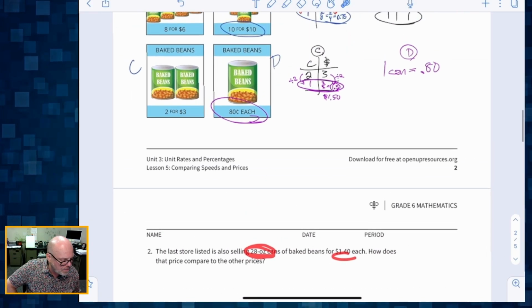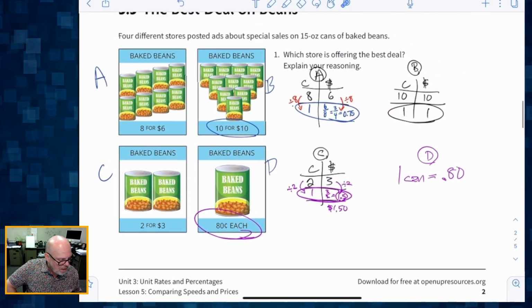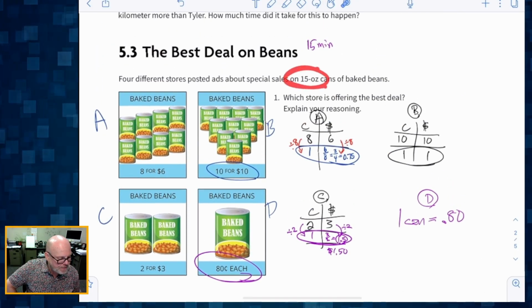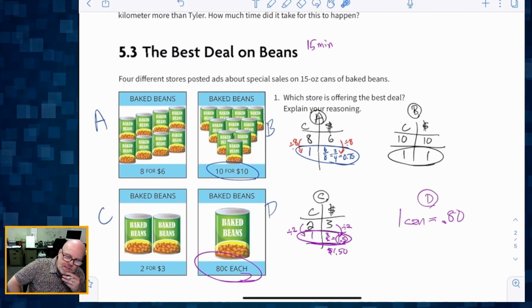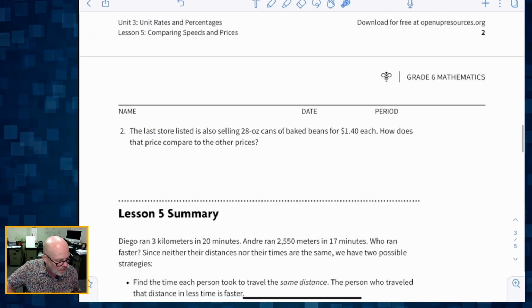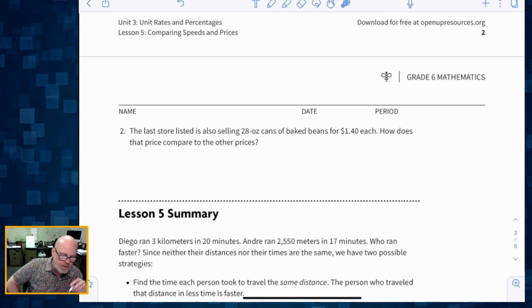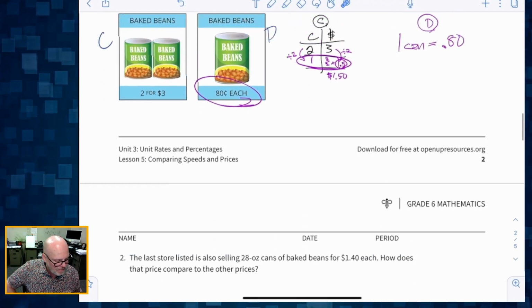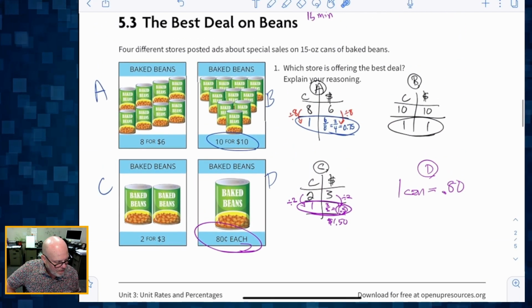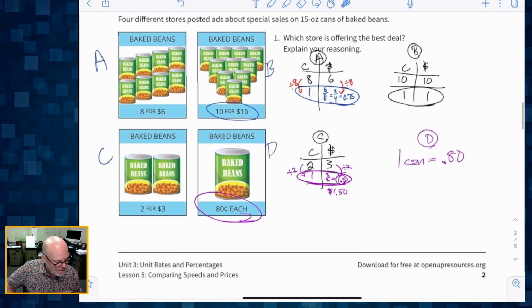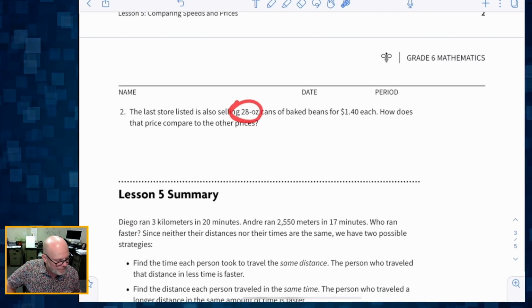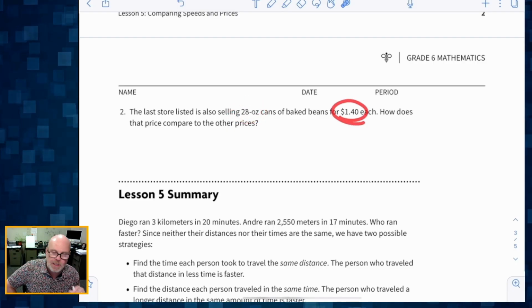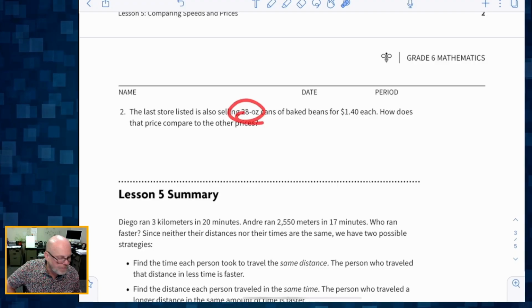All of these were 15 ounces. So I want to know how that compares. Why don't we scale it down to 15 ounces to see how much it costs for 15 ounces.